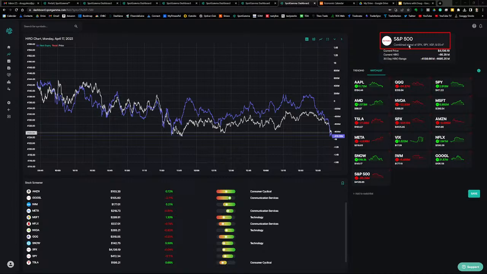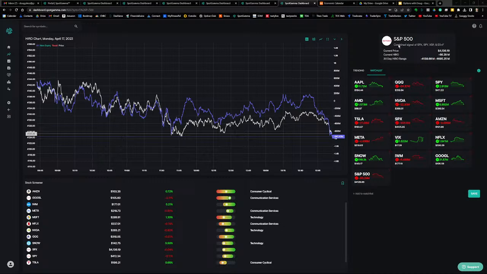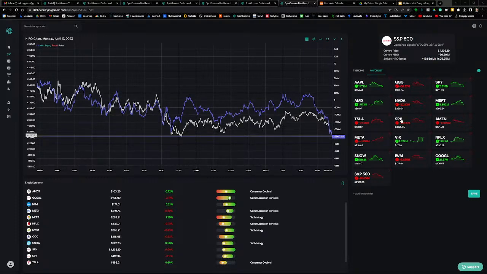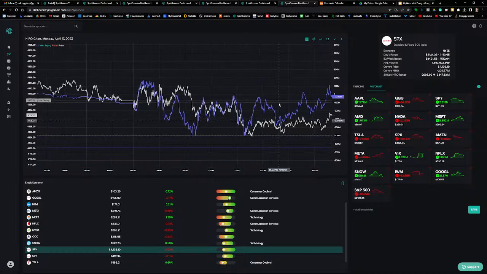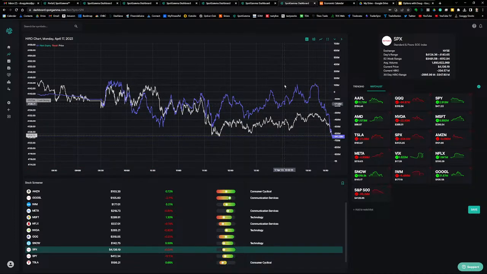So this is a combined signal for all these instruments, and I typically look at this signal or SPX. Either, again, SPX or the total combined signal seems to be providing the best, most tradable signal. So that's SPX. That's one component of this S&P 500 combined signal.